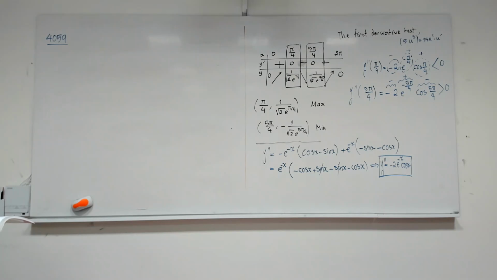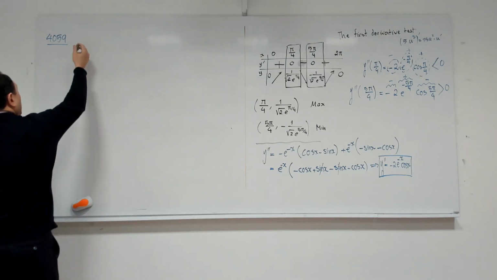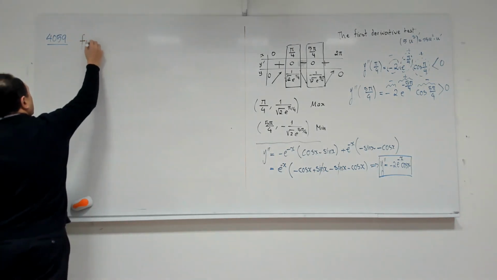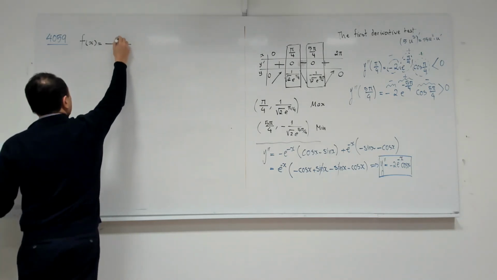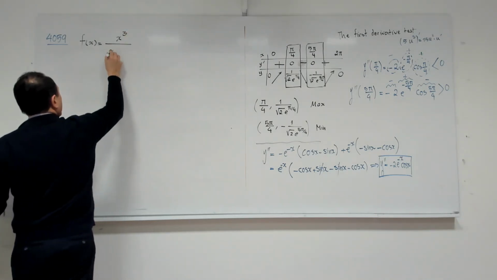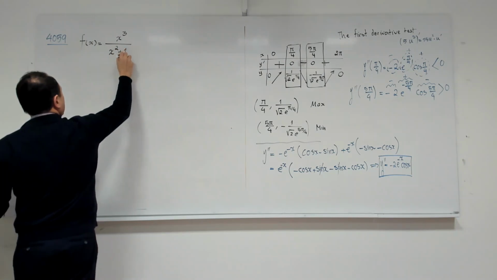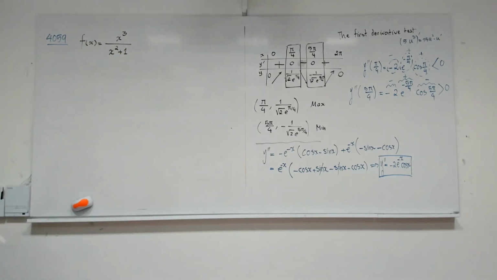Show that this function has a terrace point and determine its coordinates. The function is this one. F of x is equal to this quotient x cubed divided by x squared plus 1. So here we want to show that this function has a terrace point.